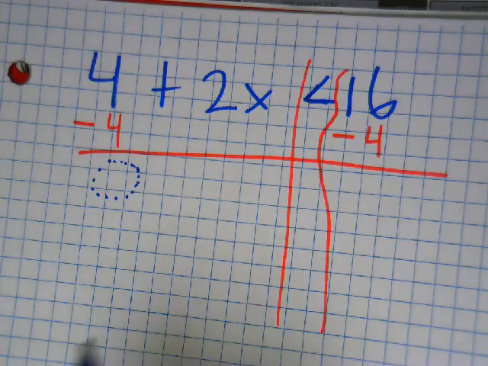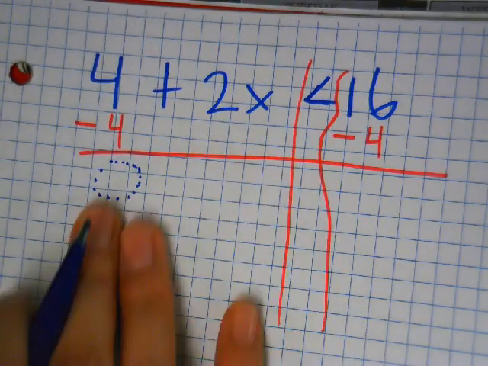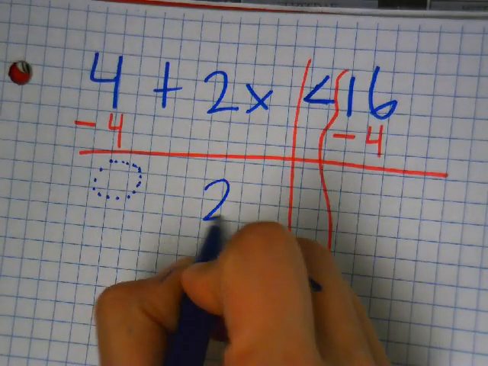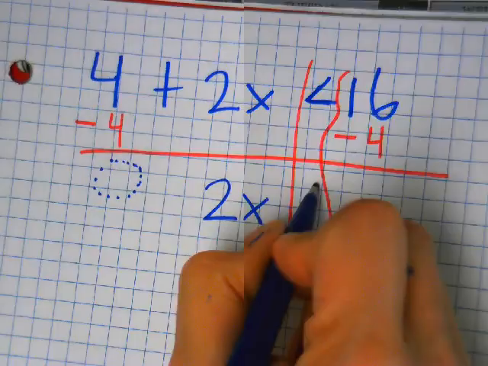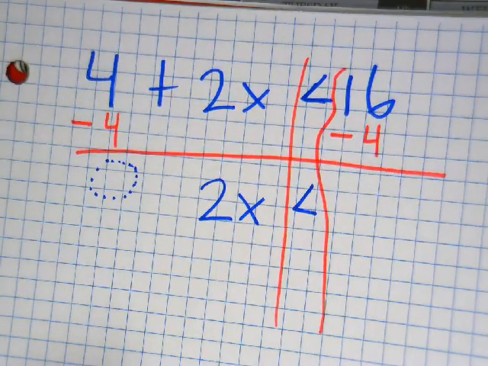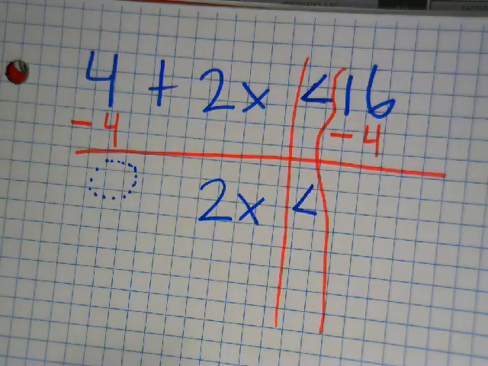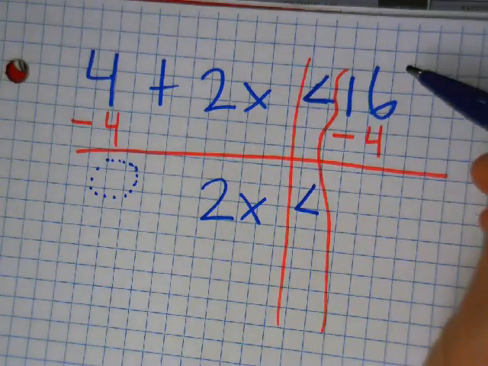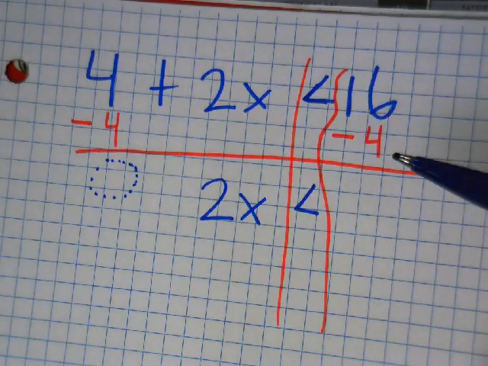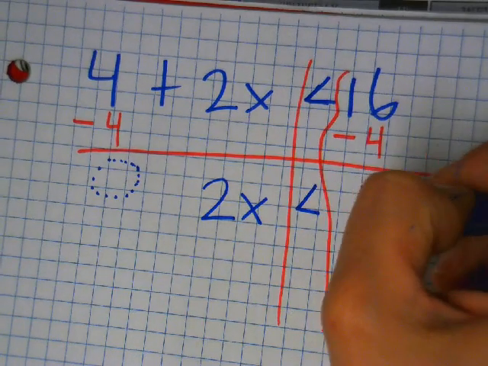All right. What's left on this side? 2x. 2x. And that invisible 0. But we don't write it. We don't like that. Less than. Sebastian, what do you need? Good. Good. Okay. 16 minus 4. Good.